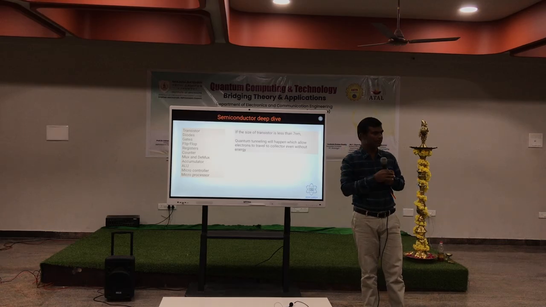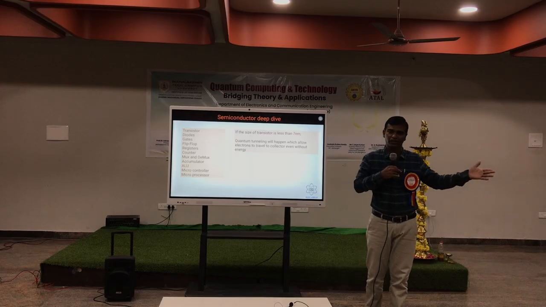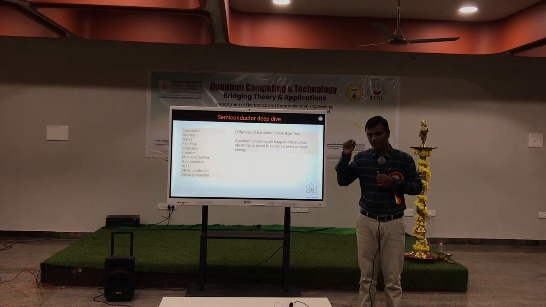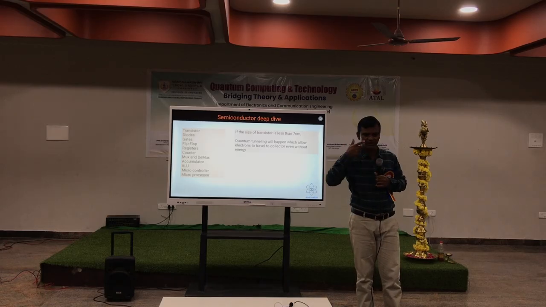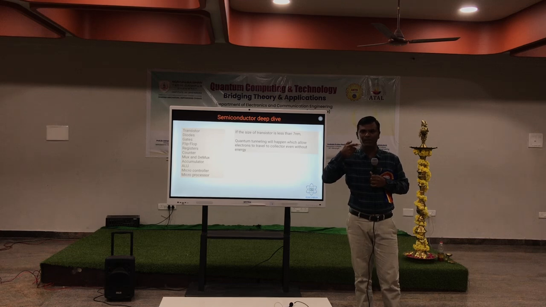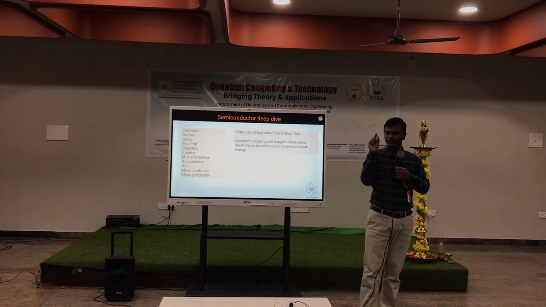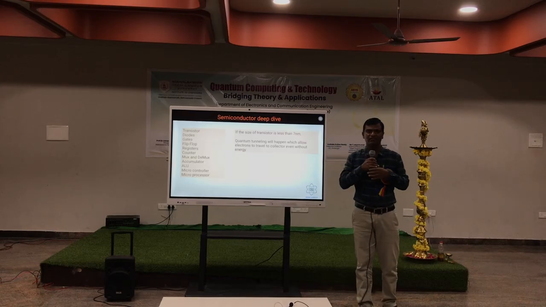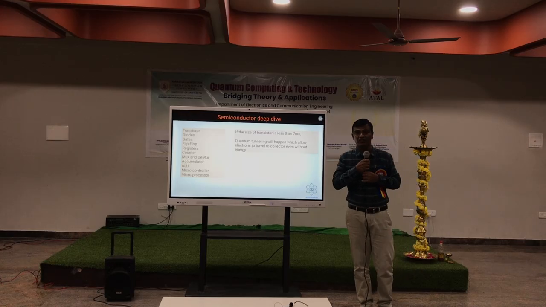Any barrier, not only the ball, it will come back. But in quantum, if you have small subatomic particles, like a beamer which fires photons, and if the size is less than 7 nanometers, without coming back, it will flow out to the other side of the barrier. That is called quantum tunneling.